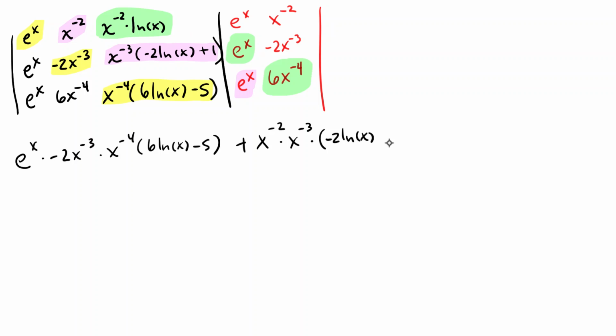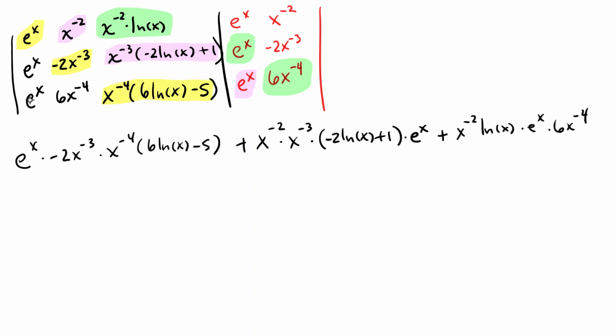I need to watch those parentheses, times e to the x, times our last product going down this pattern, plus x to the negative 2 ln of x times e to the x times 6x to the negative 4.